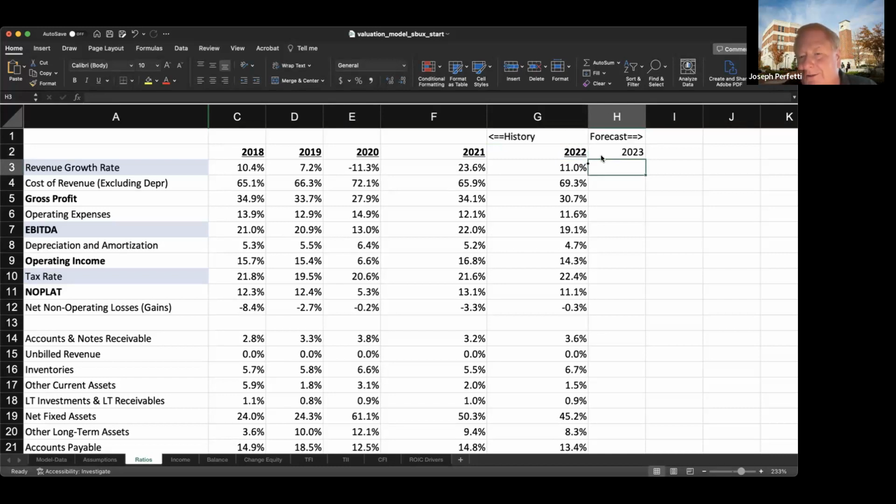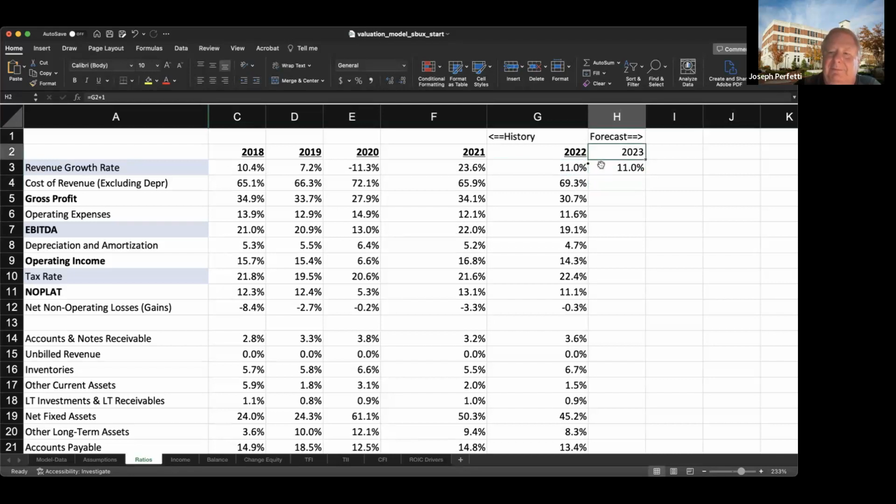If my historical data changes. Now, the first number that we're going to change for Starbucks is we need a revenue growth rate forecast for Starbucks in 2023. So the way we're going to start off is we're going to put a placeholder that says 2023 revenue growth rate equals 2022 revenue growth rate. So cell H3 equals G3.